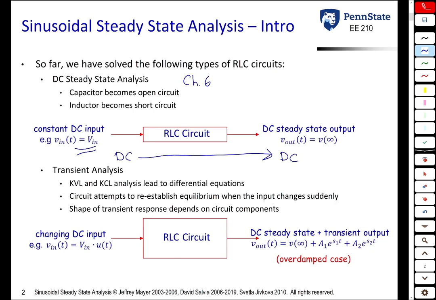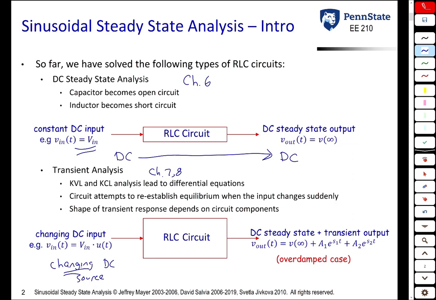In chapters 7 and 8 then, we took this a step further. We looked at transient analysis. We still had RLC circuits, but now instead of the input being a constant DC source, the input was a changing DC source.